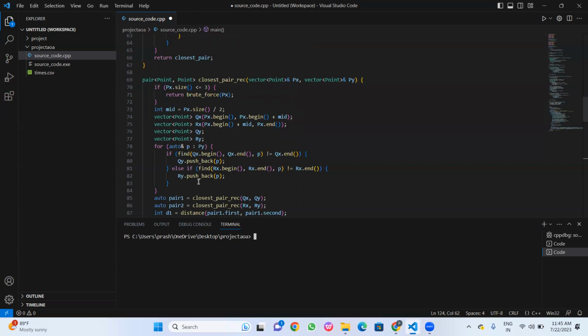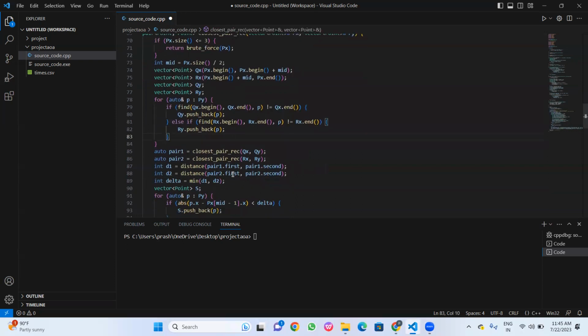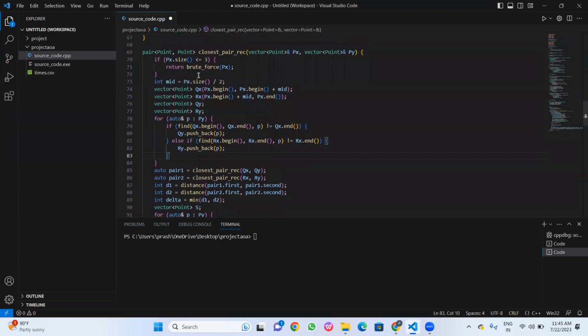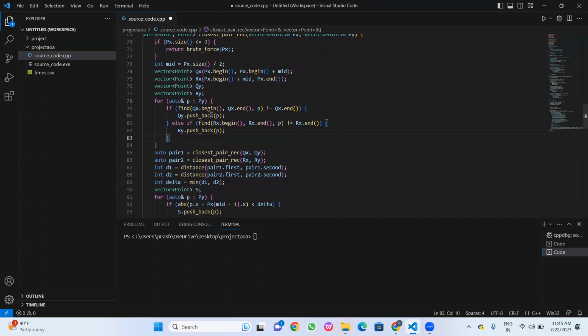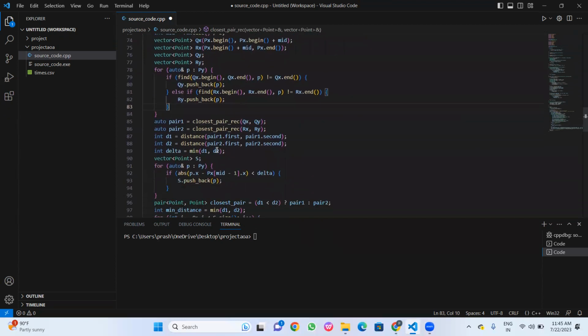Using that minimum value as a delta, we take the distance from the midpoint, such that no other point lies beyond the distance, in such a way that we reduce the graph continuously until the closest pair of points is found. To explain the code, we are dividing the whole data by two. Then again, the sorted points are used over here, and the graph is continuously reduced.